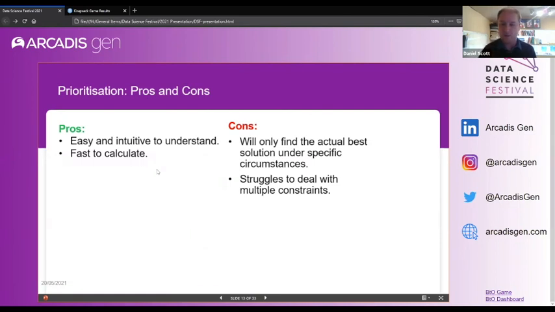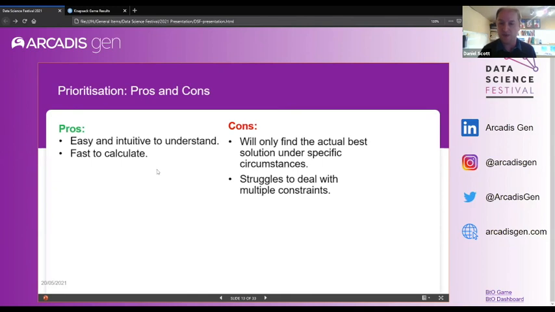When we're explaining those, particularly from an Arcadis Gen perspective, since most of our customers are engineers and other people who aren't necessarily completely au fait with data science and the techniques that we're using, being able to explain it in a very easy, straightforward to understand way has certain advantages. They are computationally efficient because all I've got to do is rank my items and draw a line at a certain point down. But the big drawback is they'll only find that actual best solution under specific circumstances.